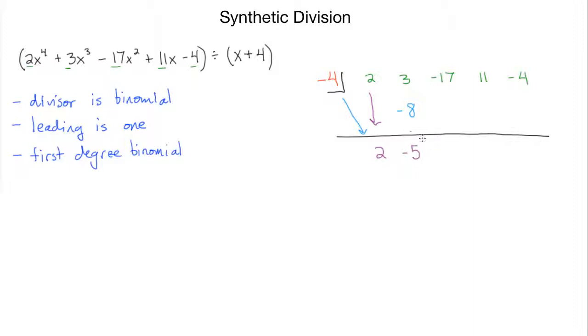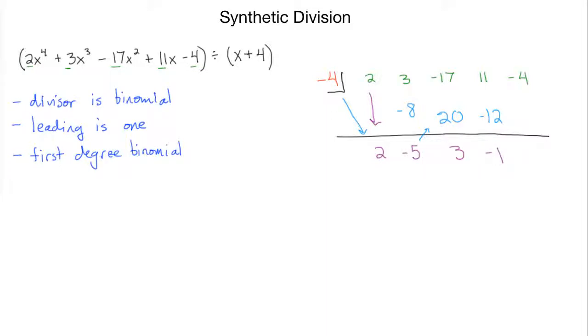Negative 4 times negative 5 is going to give me a positive 20. I go down and I add. Negative 17 plus 20 is going to give me 3. And now I multiply by negative 4. Negative 4 times 3 is going to give me negative 12. Go down. 11 plus negative 12 is going to be negative 1.